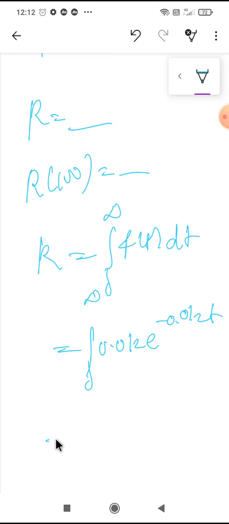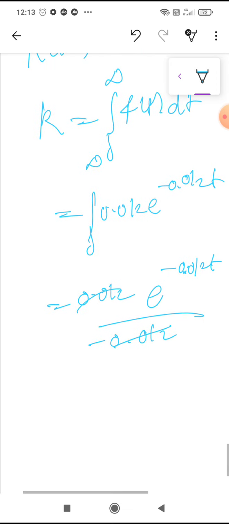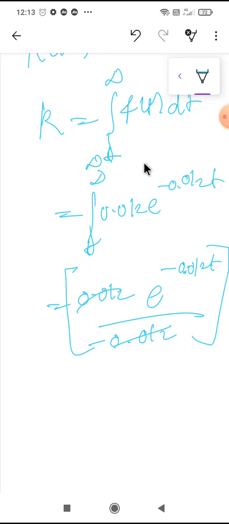If we integrate this, we'll get 0.012, and the integration will be e raised to minus 0.012 t, and the derivative comes below, that is minus 0.012, so this will get cancelled out. And the limits are from t to infinity.